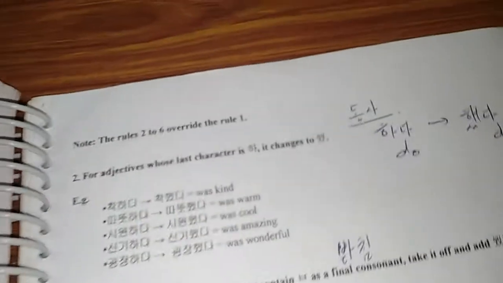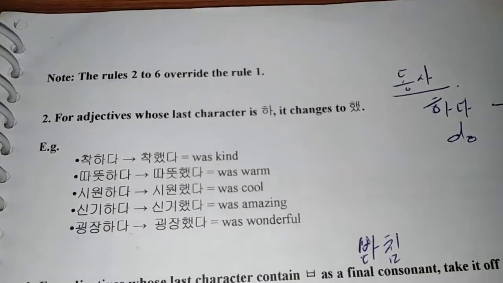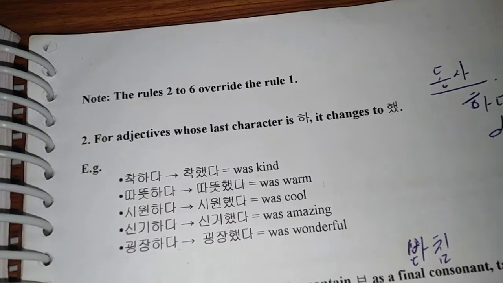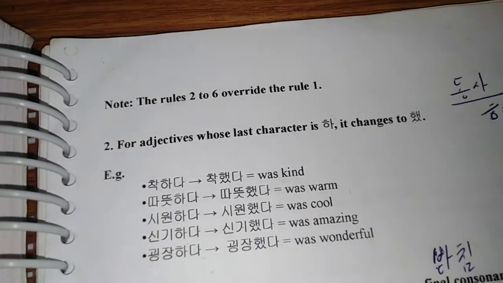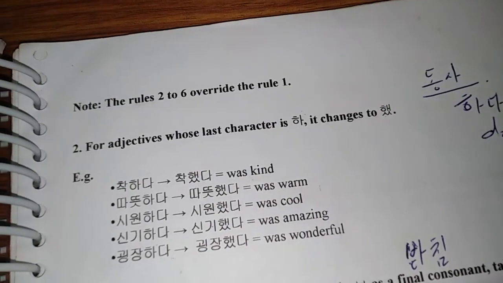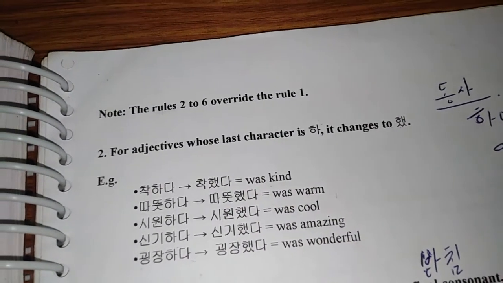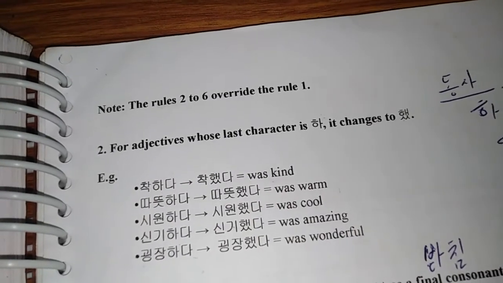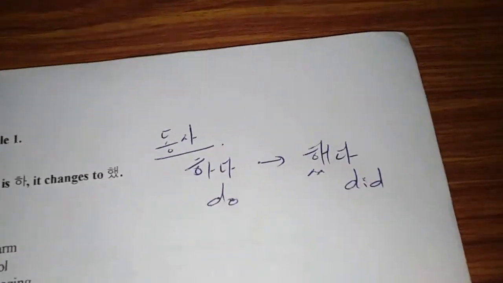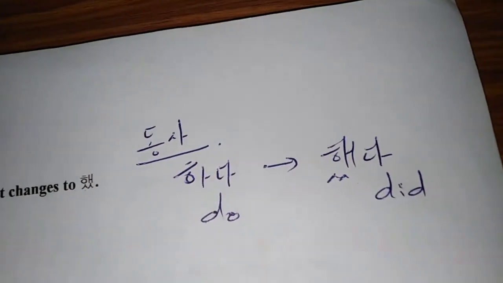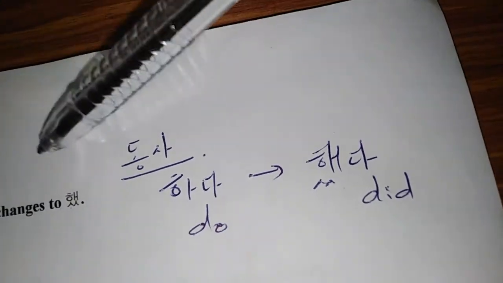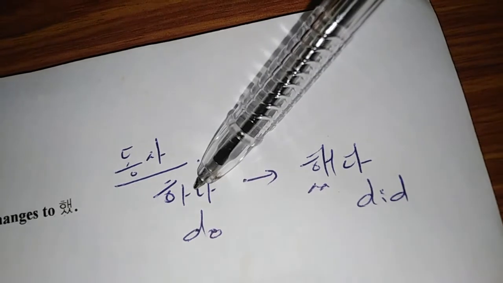So the next rule is, suppose the last character of the adjective is ha, and in that case that ha would change to het. So if you're taking the example of a very commonly seen verb, that is 동사, you would see that the 동사 for do would be 하다. 하다 is literally having ha as a last syllable.